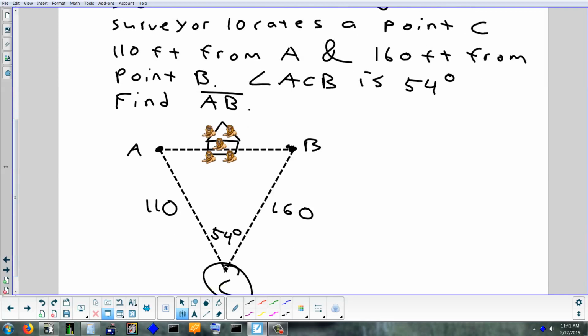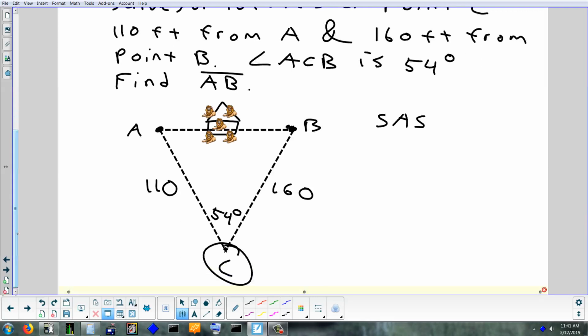Using the 3 letters. Side angle side. It's side angle side. SAS. Side angle side is which law? Cosine. Law of cosines.